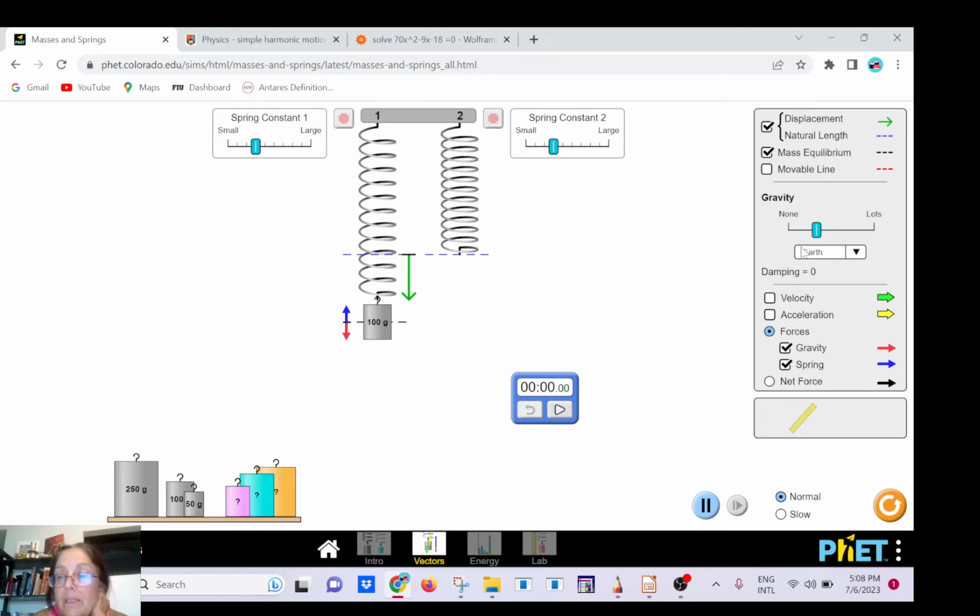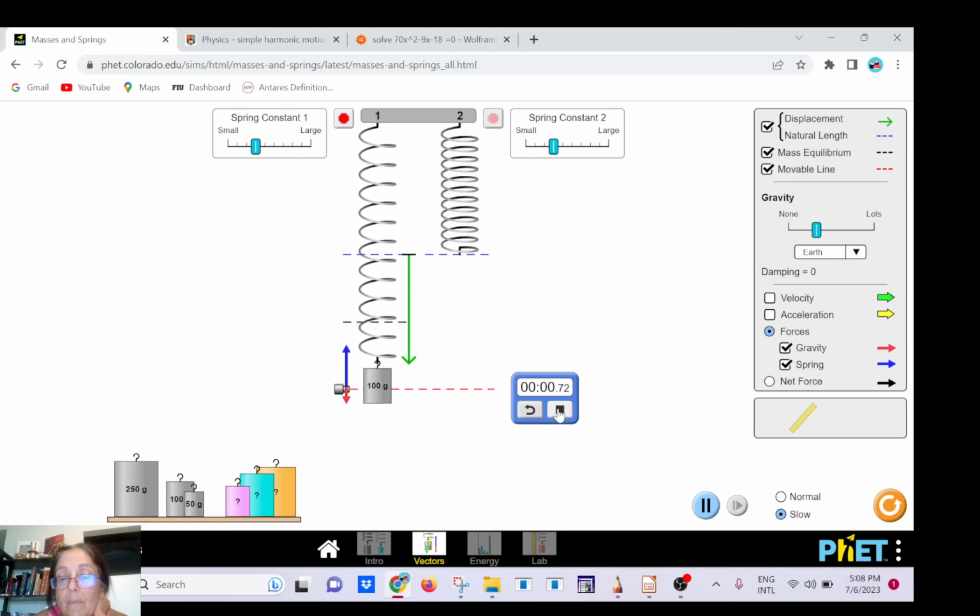So, matter of fact, if I move now to here, you're going to get exactly the same period. Start here, 1, and then 2, and then 3, and then 4.